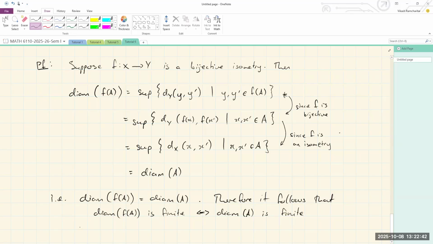In other words, f of A is bounded. That's what the diameter of f of A is finite means. f of A is bounded if and only if A is bounded. Right, cool. So we didn't have to do a converse.